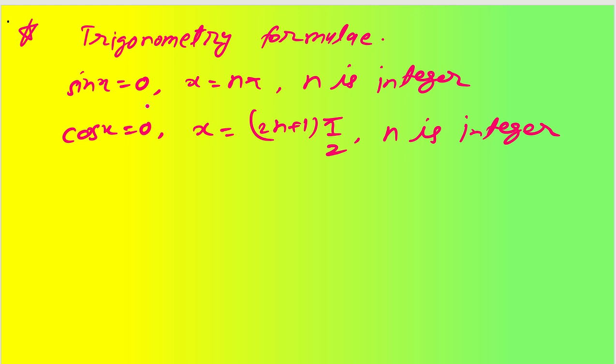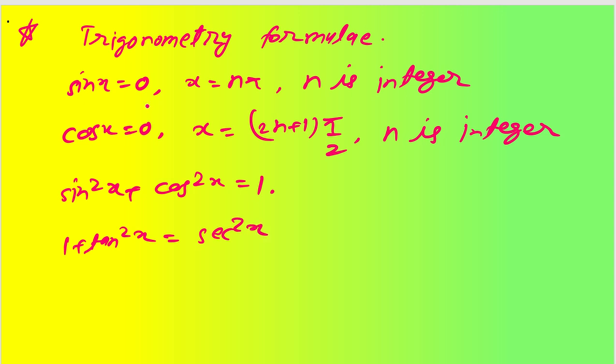Now you know already that sin square x plus cos square x is always 1. Next is 1 plus tan square x is equal to sec square x. You can always manipulate it, like sec square x minus tan square x is 1, or tan square x is equal to sec square x minus 1.